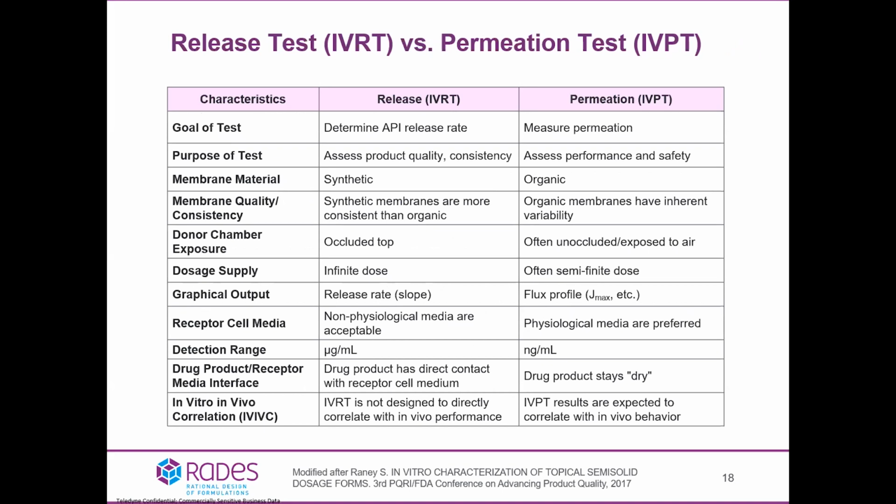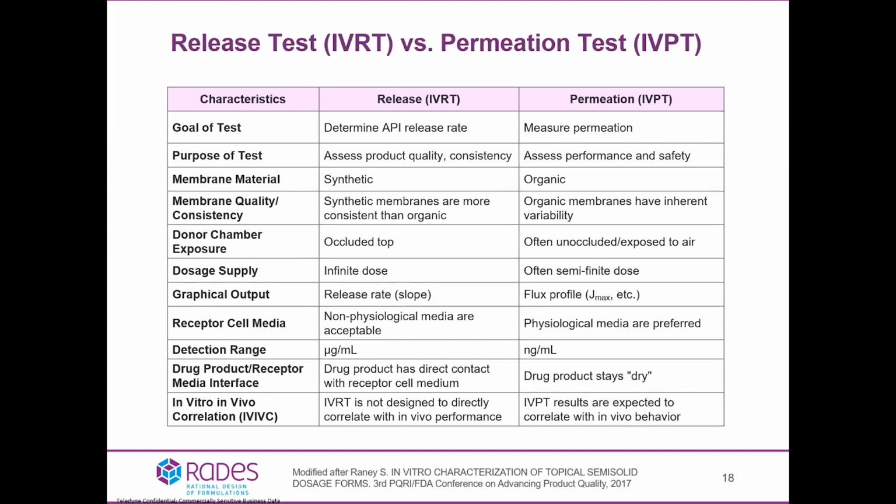So for the goal of the test, IVRT is determining API release rates. IVPT measures permeation. It provides information on pharmacokinetics. The purpose of the test is to assess product quality and consistency for IVRT and to assess performance and safety for IVPT.